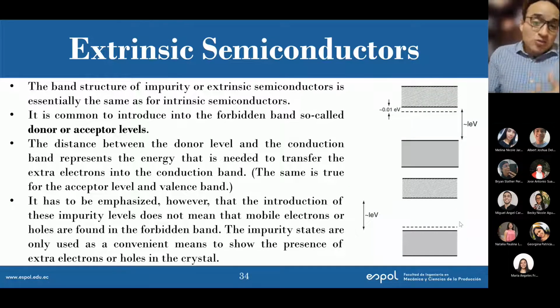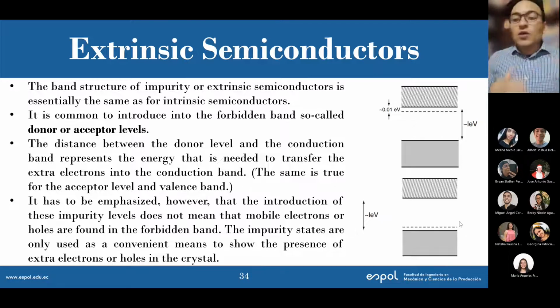If we think of the band structure, it's actually the same. And in most books, you will find the band structure for extrinsic semiconductors as the same as that for intrinsic semiconductors.